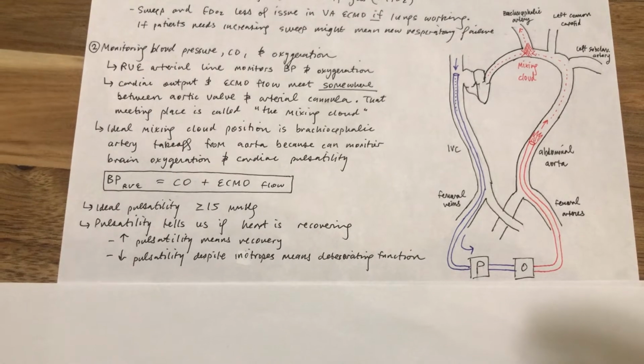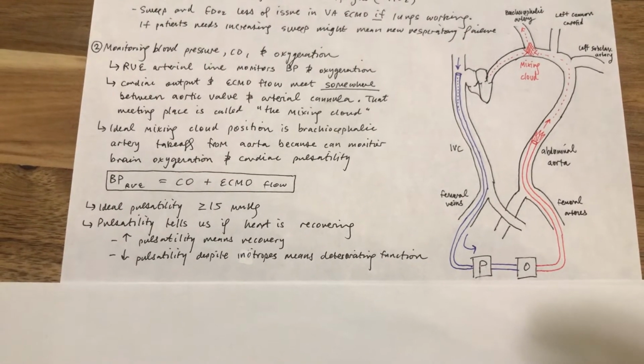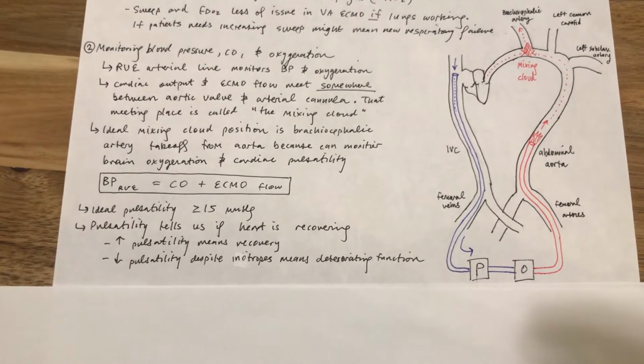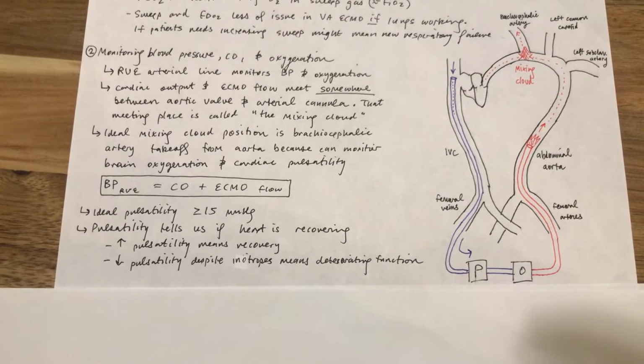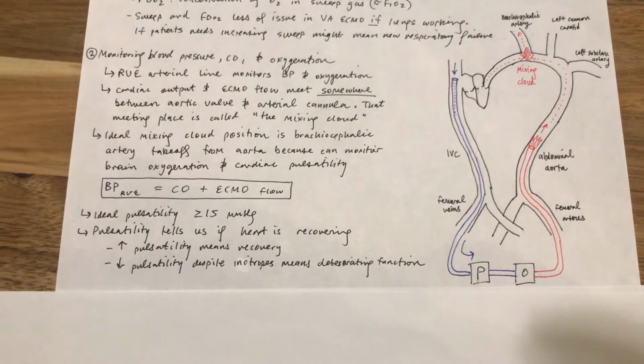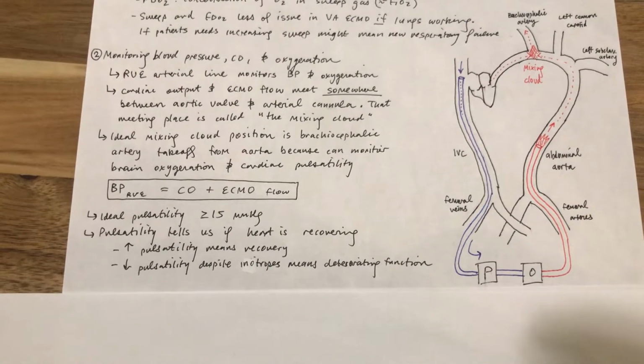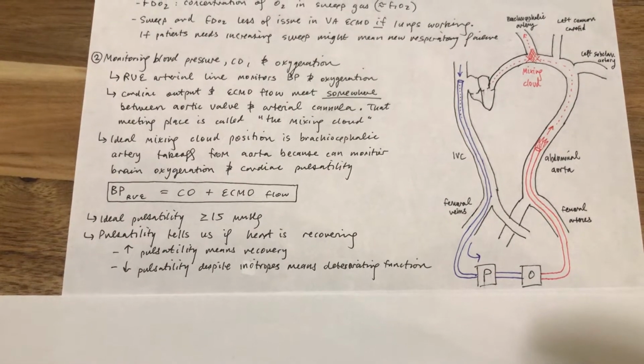But by putting the arterial line on the right, we will have the earliest warning that deoxygenated blood is going to the brain. Again, this is not common, but it can be catastrophic within hours. So we really want to know.